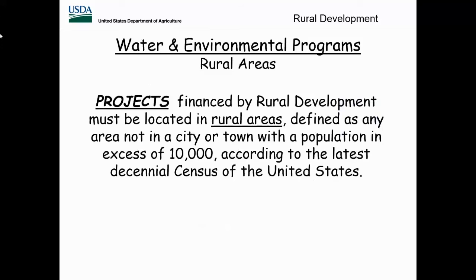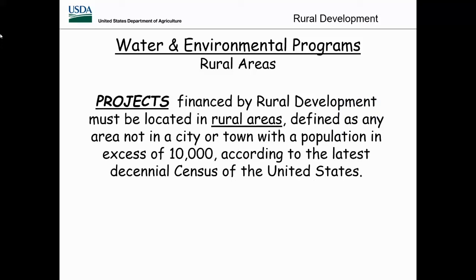Our program is set up, as I mentioned, we're dealing with rural areas. Our water and environmental program is set up that basically I can work with any water or sewer system that is located outside of a city that has a population over 10,000.